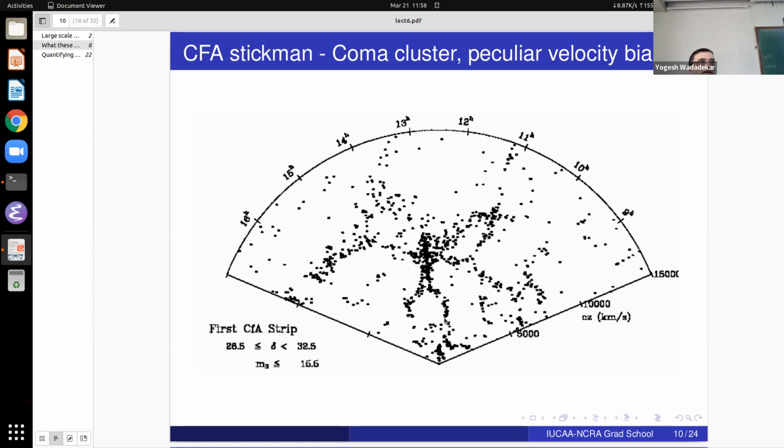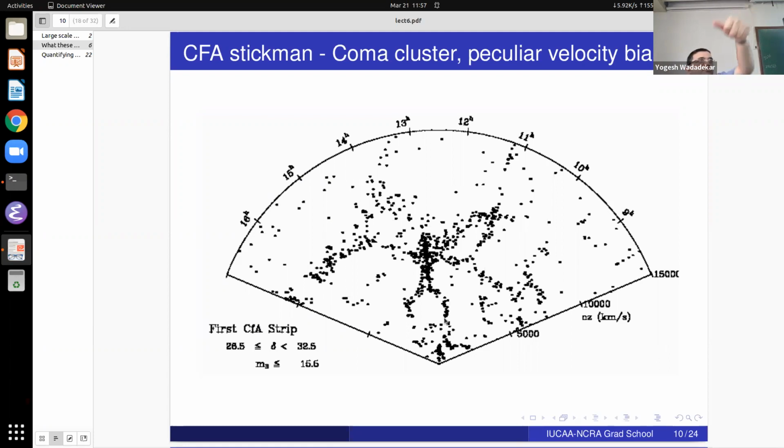Turns out not. This kind of stretching along the radial direction has happened because these objects are so nearby that the peculiar velocities of these galaxies within the cluster are a large fraction of their Doppler recession velocities. Because of that, some galaxies are moving towards you, some are moving away from you, and so on.